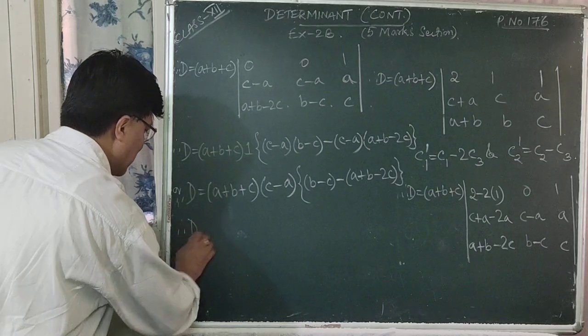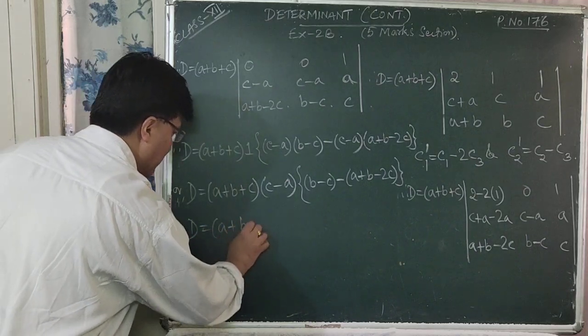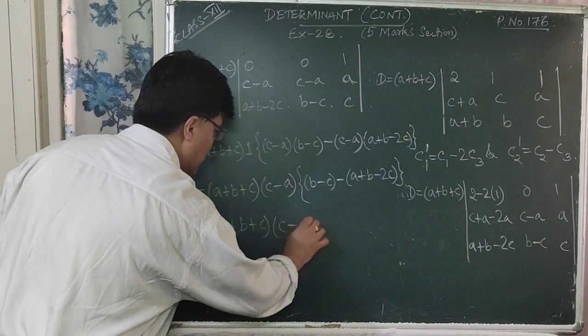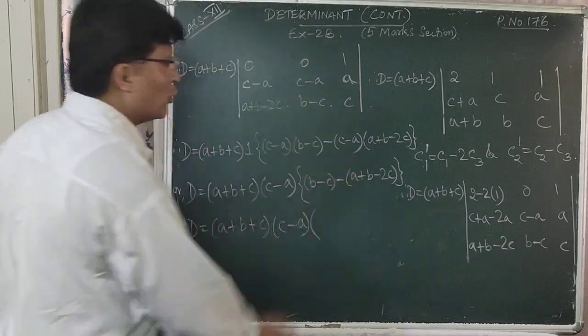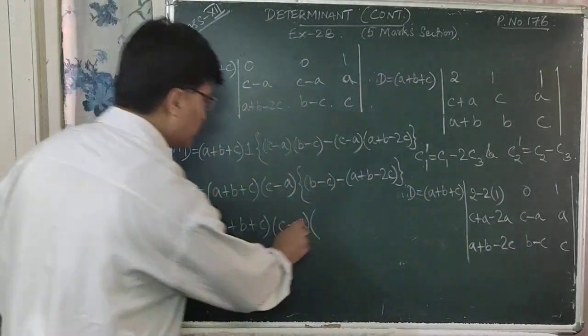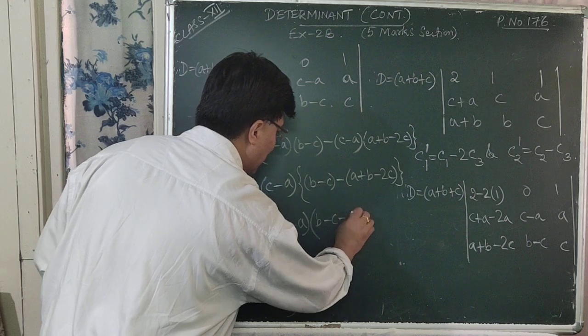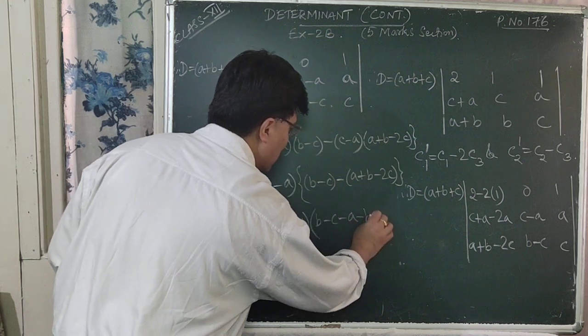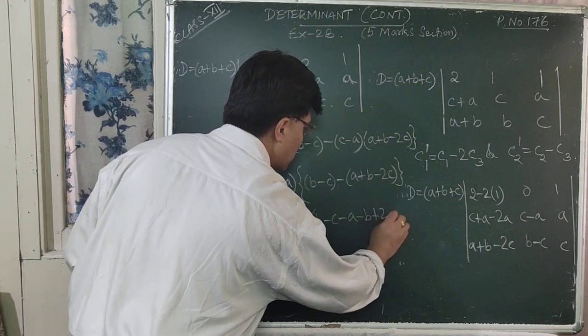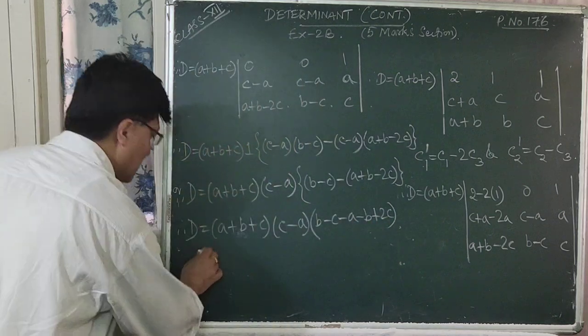So therefore D is equal to A plus B plus C into C minus A. Within bracket you have to open this bracket. B minus C minus A minus B plus 2C, right?